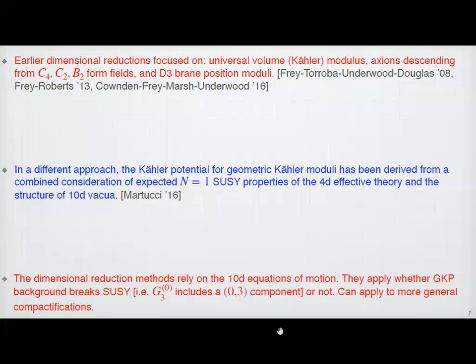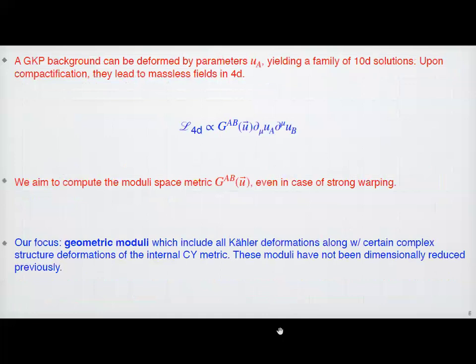And in fact, we have not done it, but one can apply these kinds of methods to more general compactifications, like non-Calabi-Yau compactifications. So these are the advantages of the methodology. And for the complex structure sector, whatever the result, it's the first time in the literature.